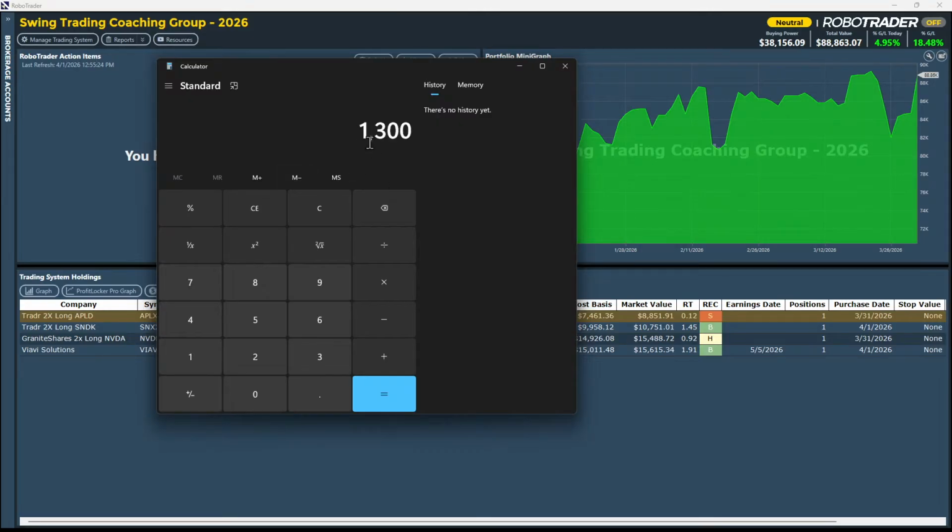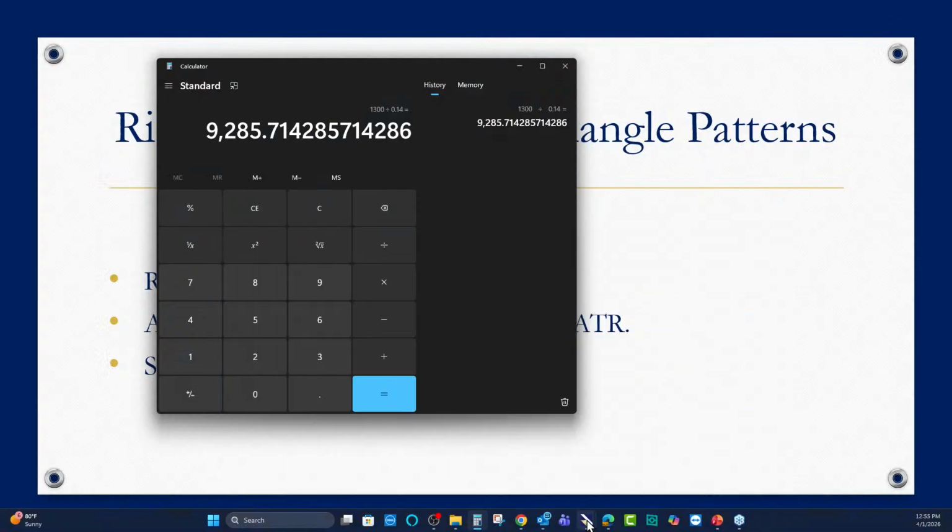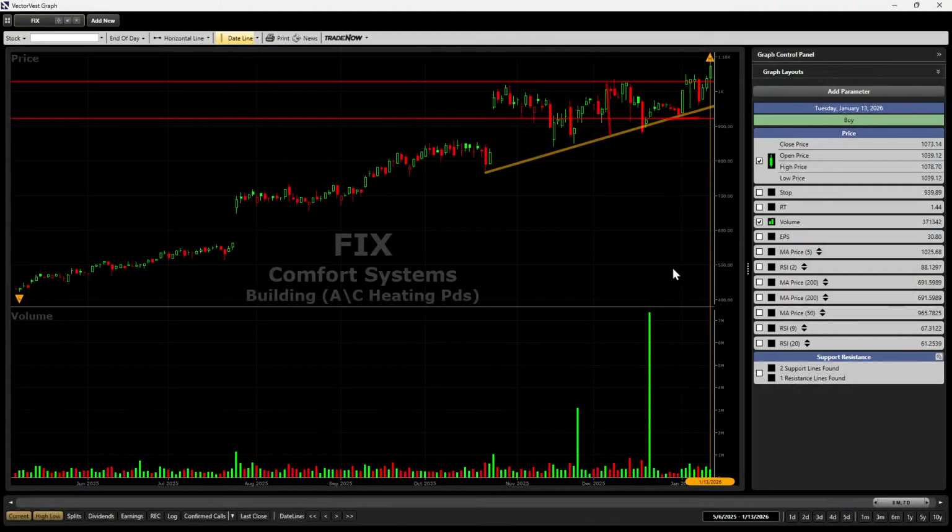trade. 1.5% is $1,300. I divide that number by my max percent loss, which is 14%, and that spits out a cost basis of about $9,300. If I wanted to take that trade, my cost basis would have been $9,300.